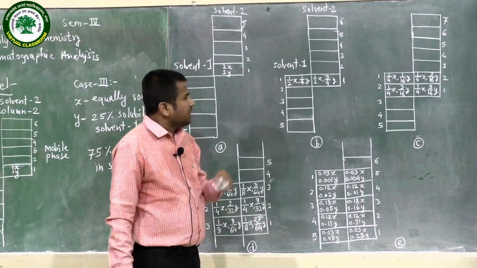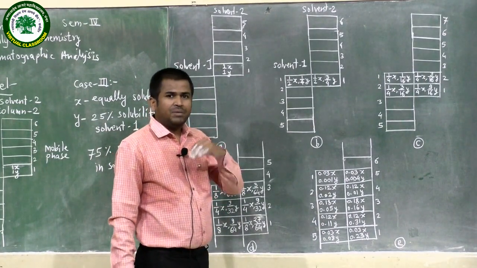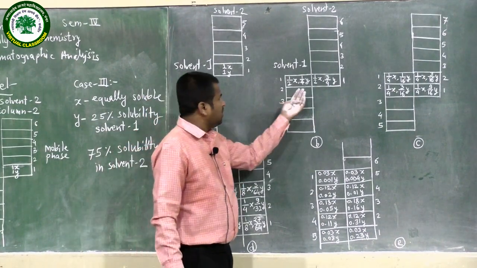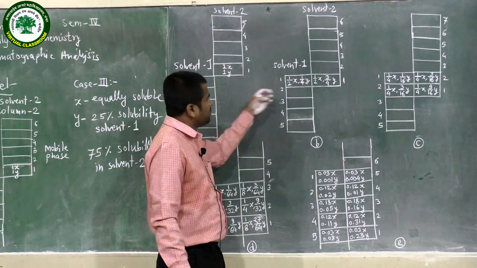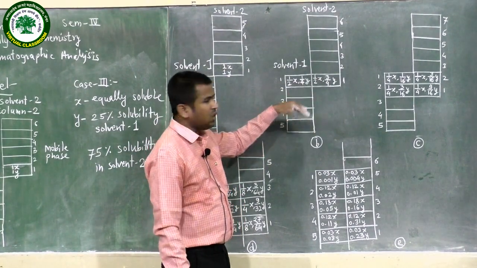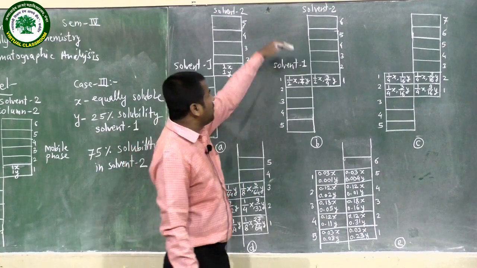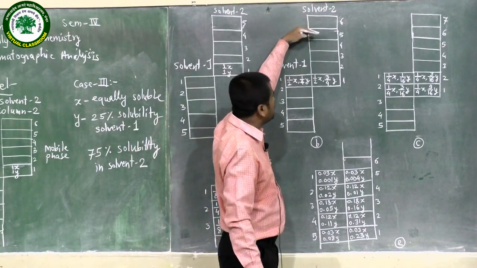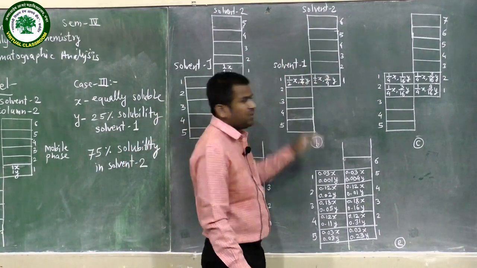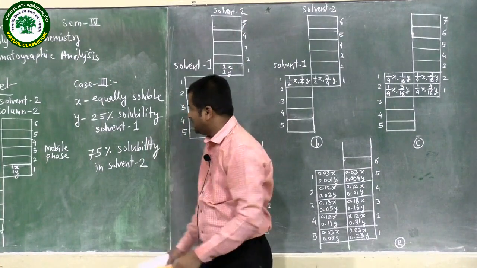Okay. Now again we put the distribution of the solute in the first box like this. Now we put again one box of solvent 2 over column 2 and push it down by 1 unit. Now what will be the picture?